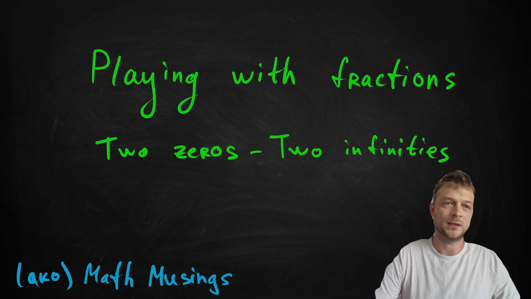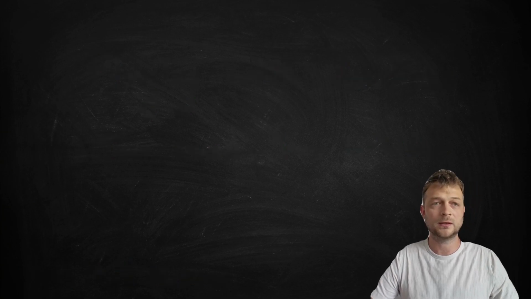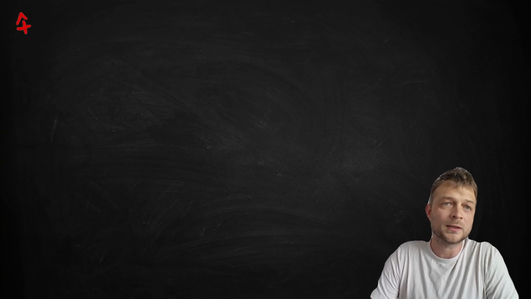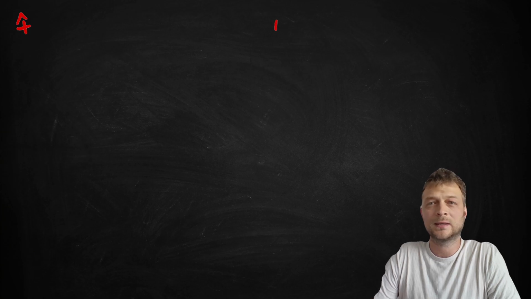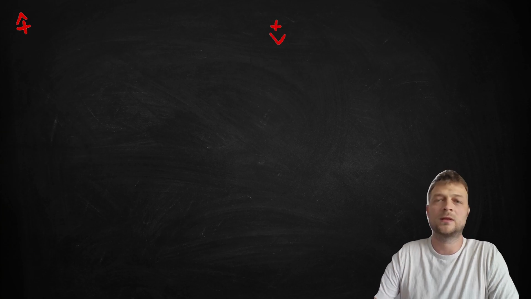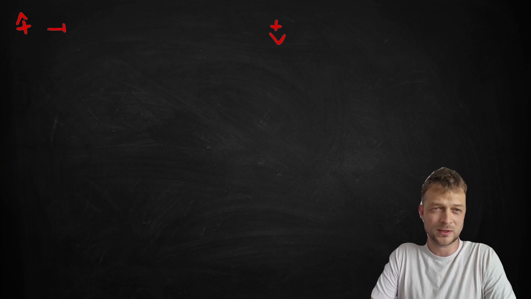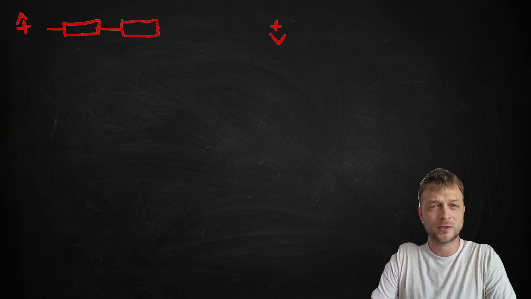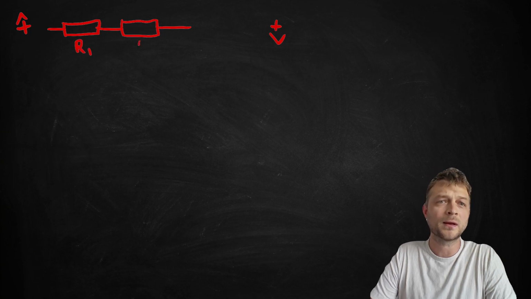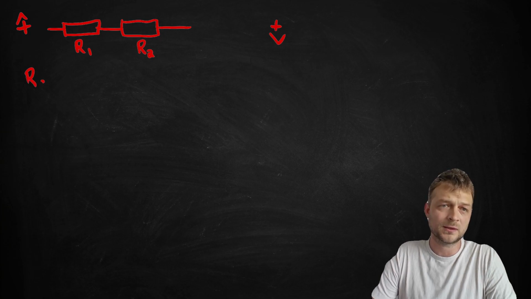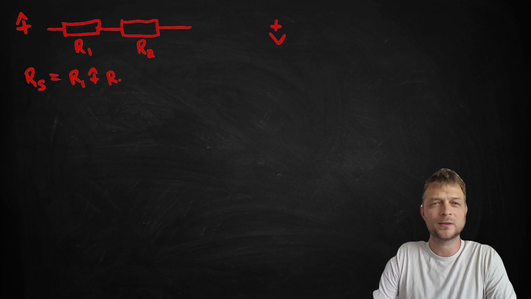Let me just jump to the next slide here. In the previous video we had the plus operation and the plus operation with a hat on the bottom, and we considered the physical interpretation of these operations. If we have a circuit with a serial connection of two resistors R1 and R2, then the total resistance R serial will be just R1 plus R2.